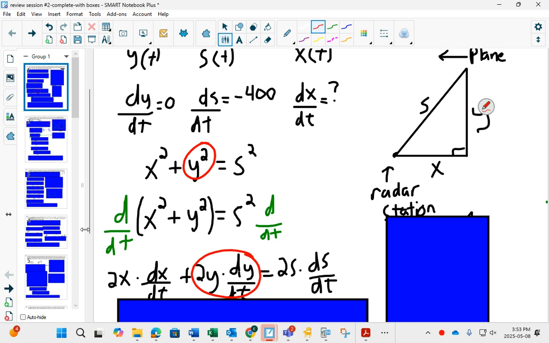So you have different options there. If you put in a variable that's not changing, but keep it in there, you're going to have your dy/dt equal to 0 and have it go away. Me personally, when a number is fixed, I like to just put that fixed number in there. This isn't hard, 2y dy/dt, but it's a lot easier just to write a 0 right away.